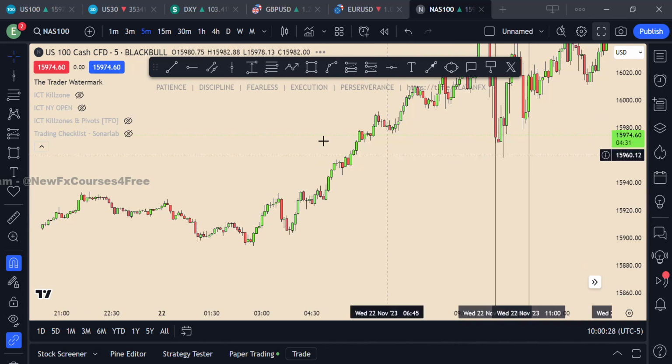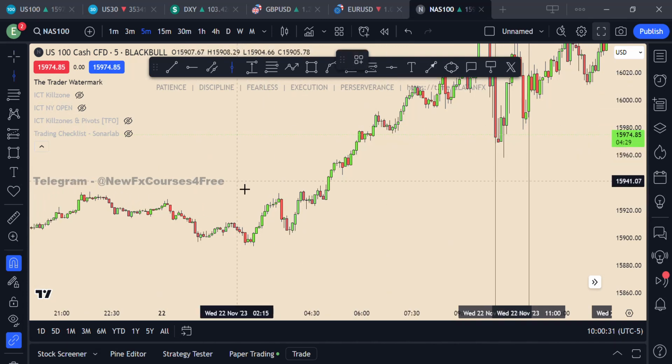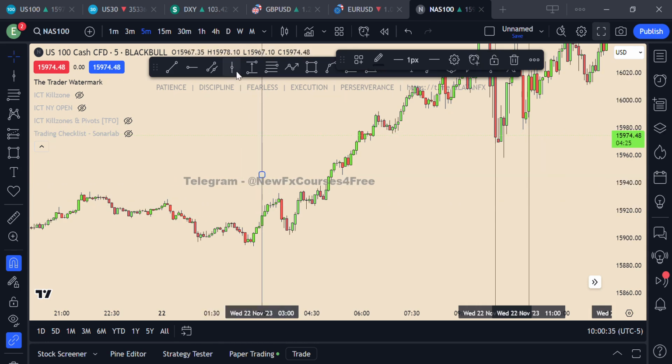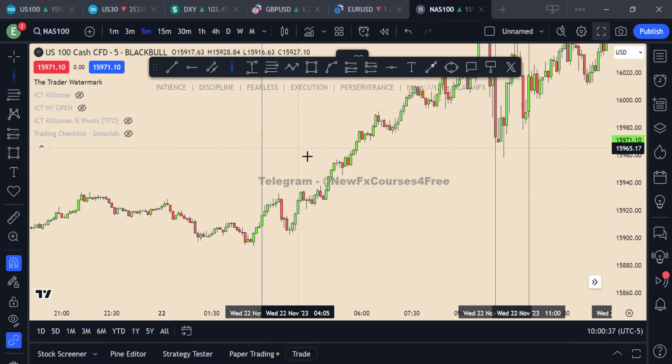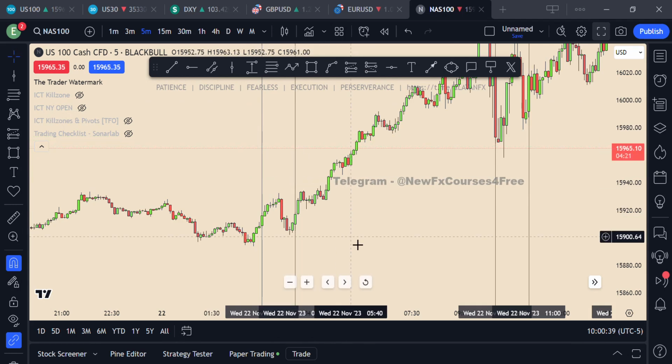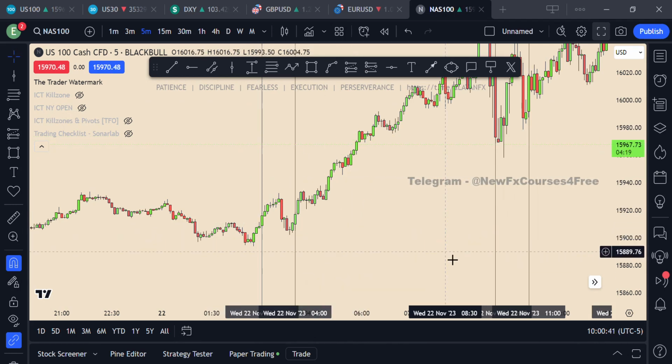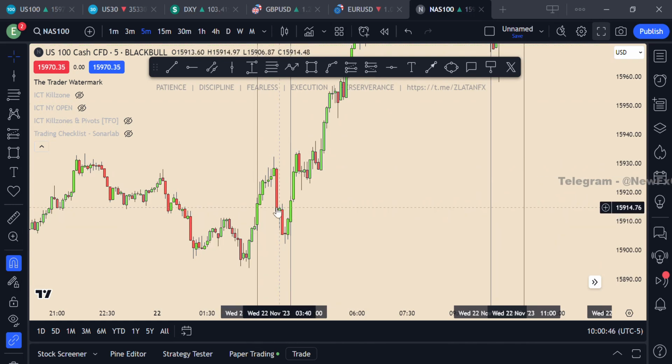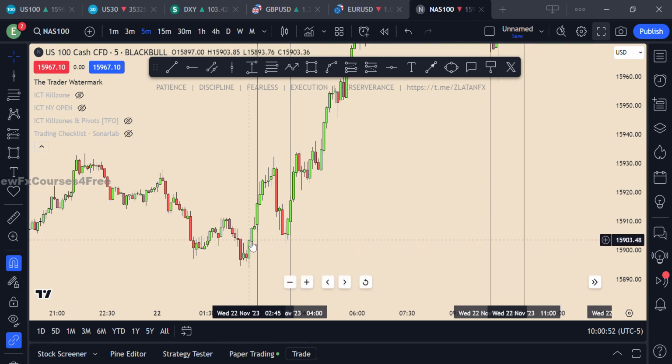So now let's check the 3 a.m. and the 4 p.m. So by 3 a.m. we just expanded, created a fair value gap right here. Now the market didn't respect it that much, and then the market used instead this order block.